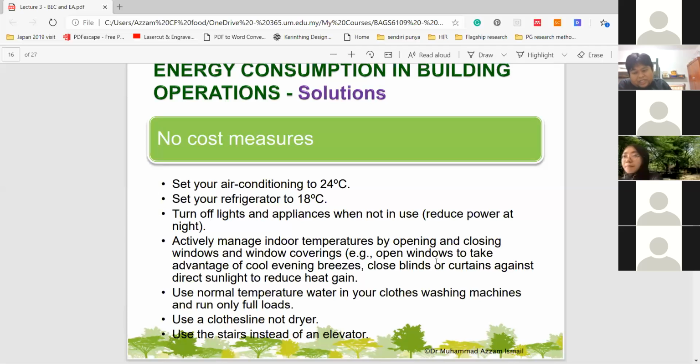Otherwise, we as architects can design a proper way for people to dry their clothes. If you notice in the design of houses, sometimes we have courtyards, sometimes we have a terrace at the back of the house, a shaded terrace. This shaded terrace is actually a place where you can hang your clothes to dry.